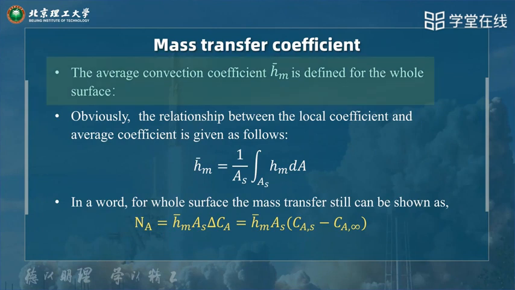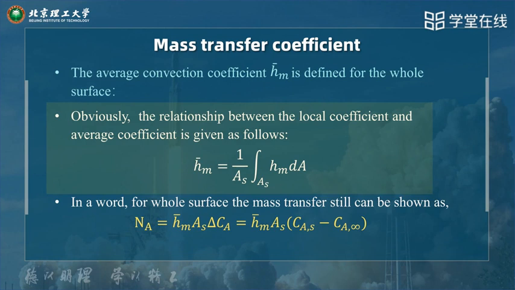Okay, the average convection coefficient hm is defined for the whole surface. Obviously, the relationship between the local coefficient and the average coefficient is given by this equation: the average mass transfer coefficient equals 1 over AS times the integration over the surface of hm dA.